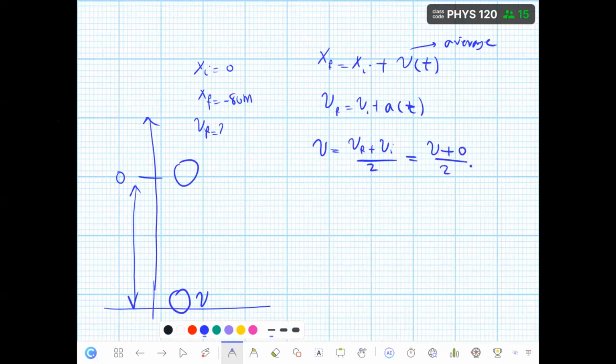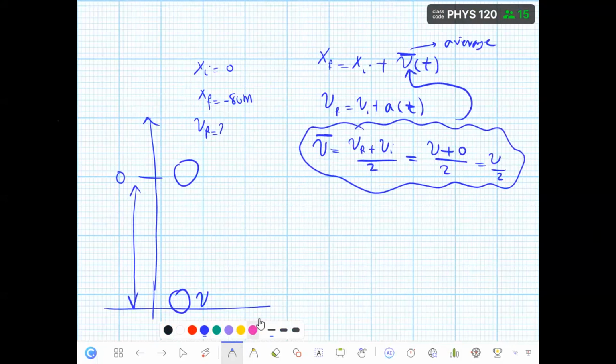So let me just put this average. This is the average V. Good. It's going to be V over 2. Okay. I just put the bar on the top, just to differentiate from the other V. Okay. So I can place this here.